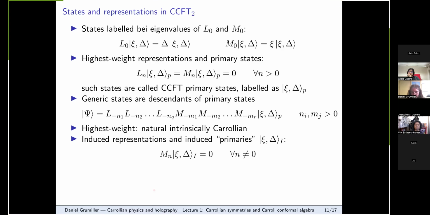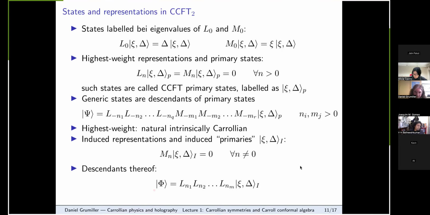And the associated induced, I guess, primaries, you could call them. I denote them by a subscript I for induced. And they're defined by the condition that the supertranslation generators for any non-zero n annihilate such states. So notice that n can have any sign. So this is true for positive n and for negative n. And there's no condition on the else. So these primaries are very different from the standard highest weight primaries.